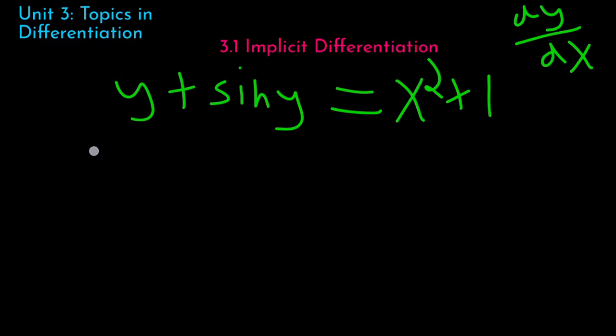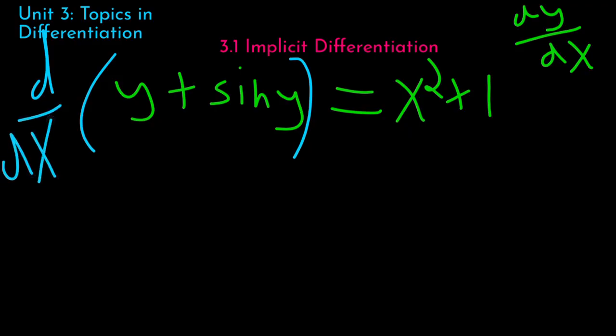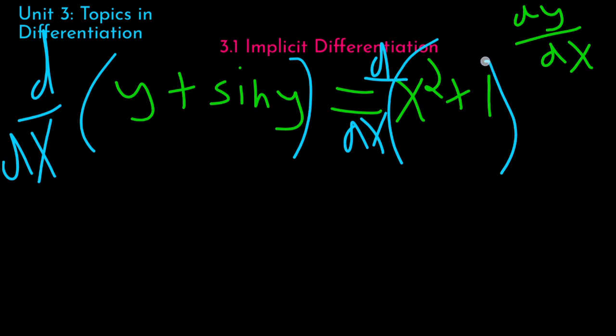Pretty simple. Take the derivative in terms of x over here, take the derivative in terms of x over here, and this is finally what I'm getting to, implicit differentiation. The stuff I showed you before is a glimpse, but this is really it. I should have gone to this first because it makes more sense.